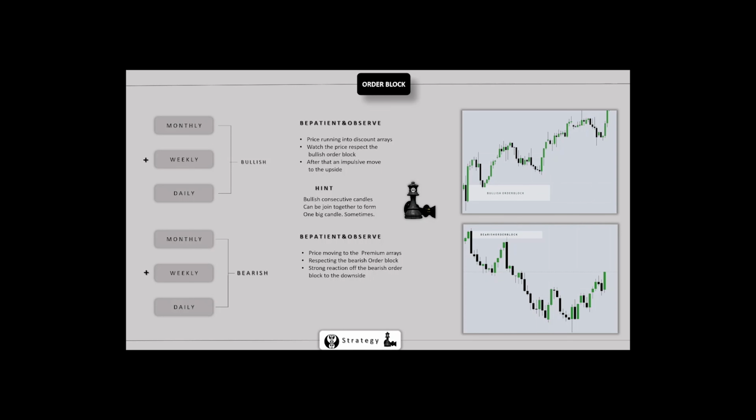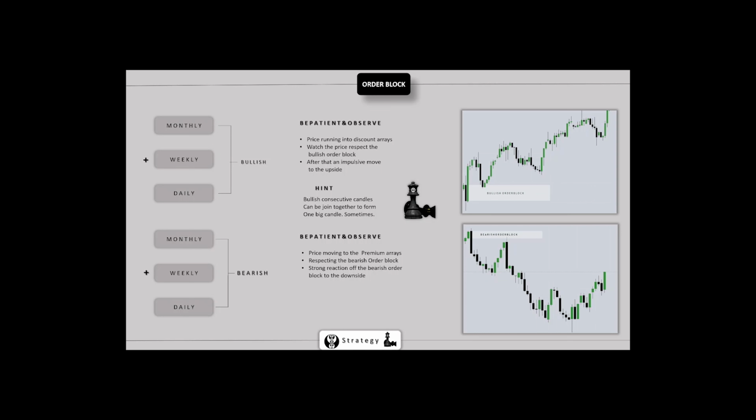We have a bullish top-down analysis and we have a bearish top-down analysis. While doing all this, you should be patient and observe price running into discount arrays. Watch the price respect the bullish order block. After that, an impulsive move to the upside.